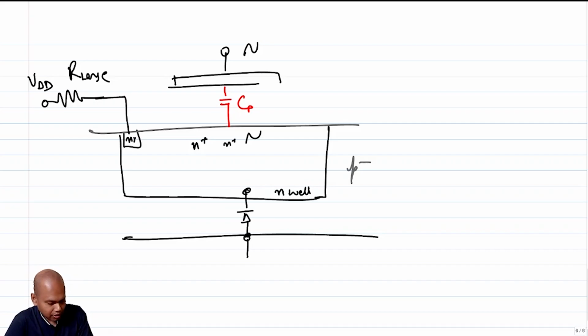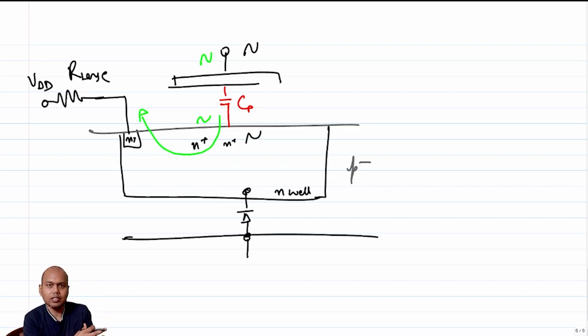What purpose will this serve? Now if there is a voltage swing here, sure, there will be a voltage swing here, but where will that current flow? Where will that displacement current flow? Can the displacement current flow now into this path? No, because I have a large resistance connected to VDD.